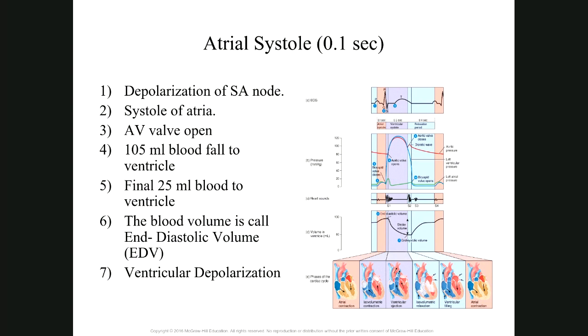The SA node becomes depolarized and the atria go to contraction, or go to systole. During this time, the AV valves are open and the blood can come down from atria to ventricle. Let me draw this picture here for you. Imagine that this is your heart.